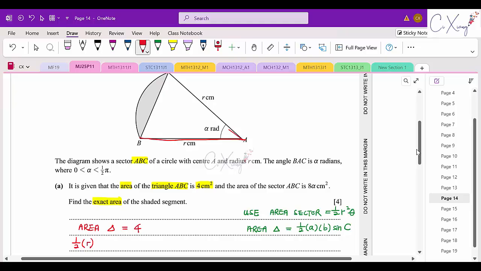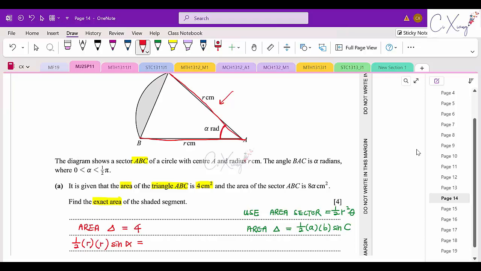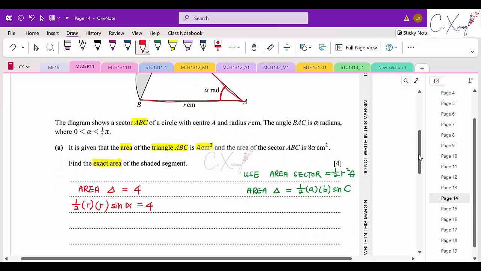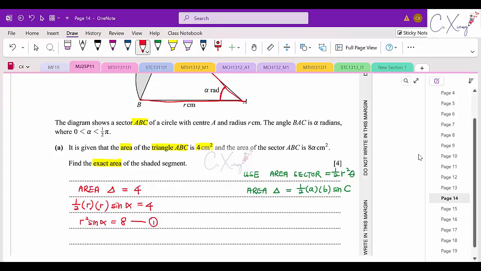The other side is also r. So I have half r times r, then sine of the angle between the two lines, which is alpha, equals 4. If I simplify this equation, I will have r squared sine alpha equals 8. I can't continue to solve it anymore, so I will just keep this as equation number 1.